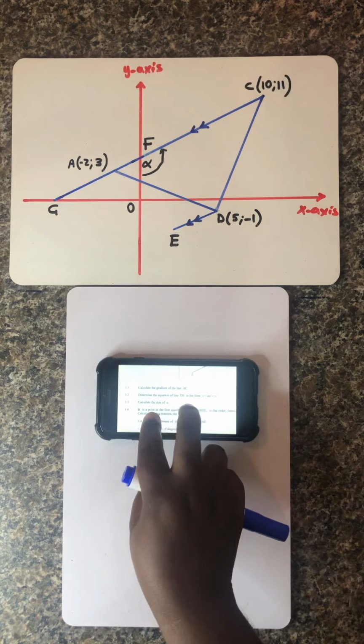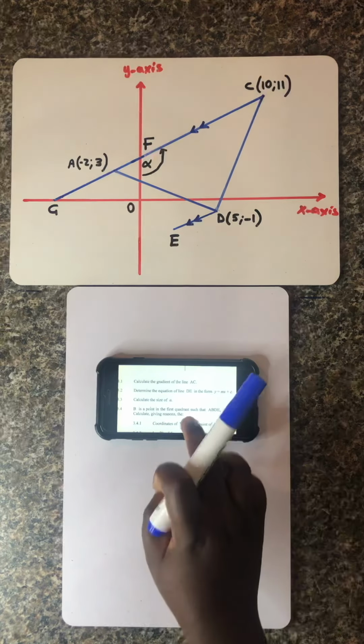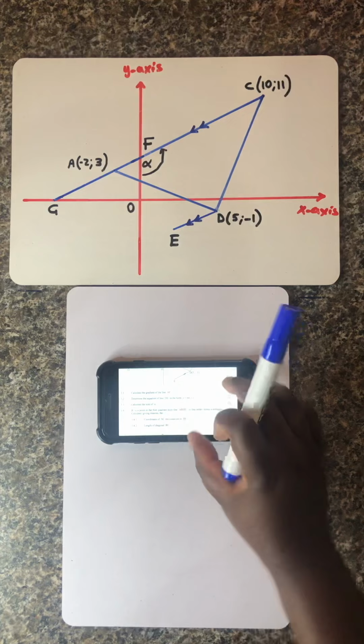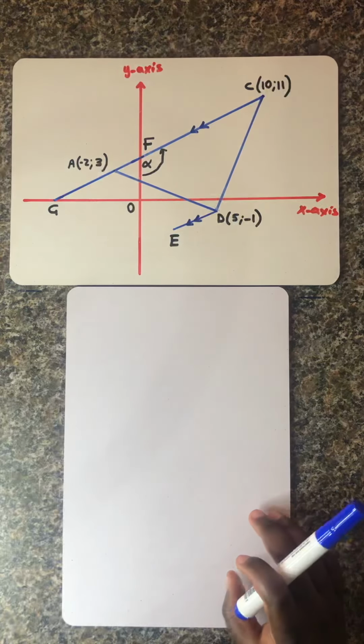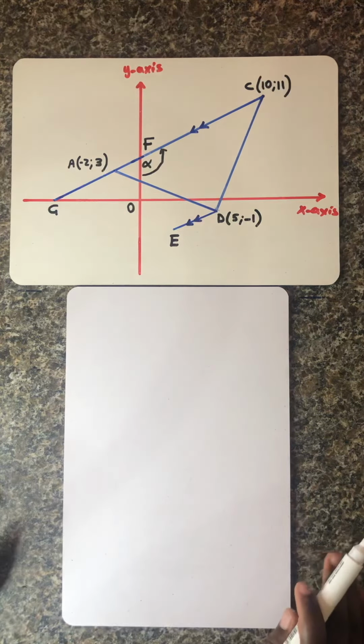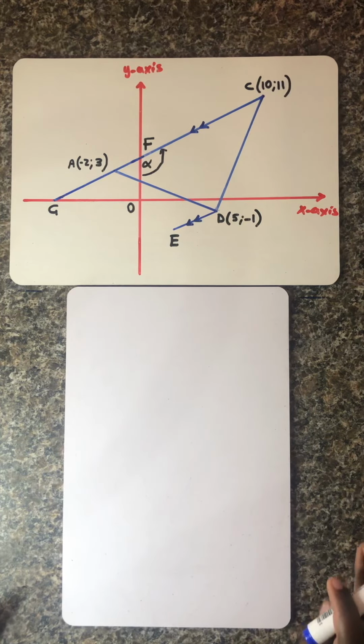Calculate the gradient of the line AC. This question is allocated 2 marks. Guys, I've been mentioning this, that when you're given marks like 3, 2, 1, just know it's one of those easy and straightforward questions. You just need to apply your understanding.